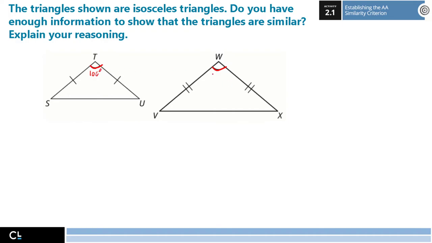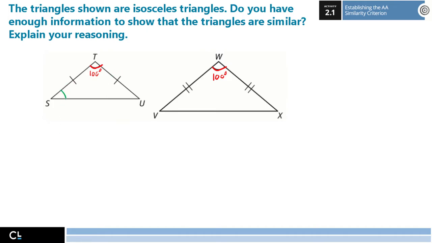And this is going to help us show why this is a different problem, right? So now, if T is 100 degrees, that means W has to be 100 degrees because they're congruent, they're equal, right?